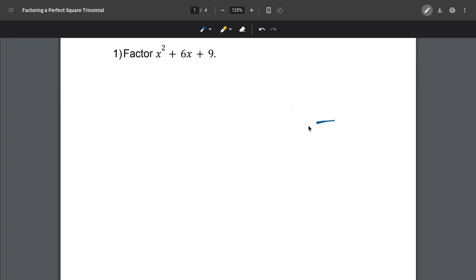All right, so this first problem, we are going to factor x squared plus 6x plus 9. So if we think of a squared as x squared, then a would be x.